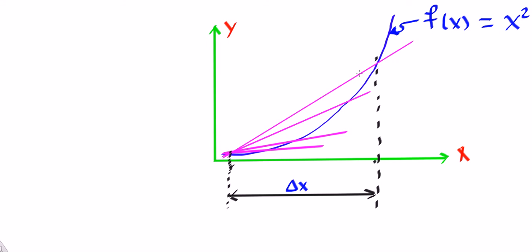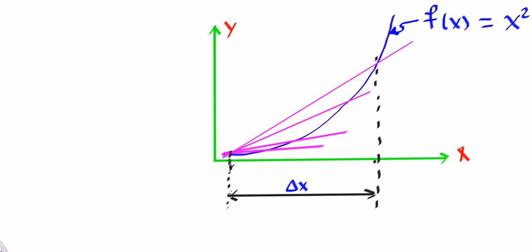It gives me the average rate of change between these 2 points, this point here and this one. If I bring the second point closer to the first one, then it gives me a rate of change that is the average between these 2 points.